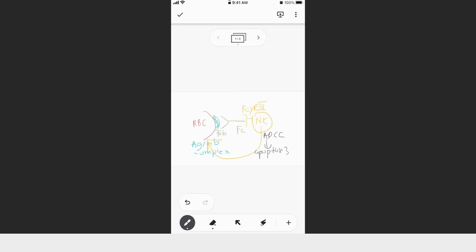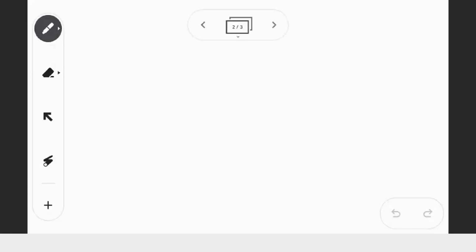So in a normal condition, when we have infection, I want to divide this.